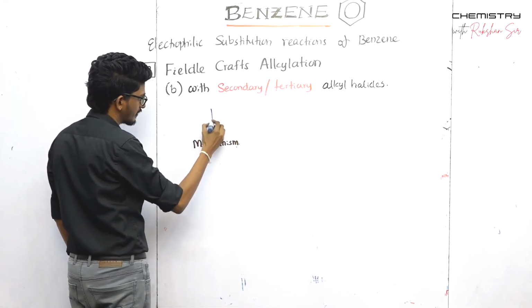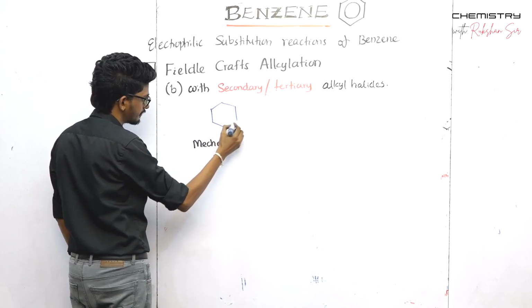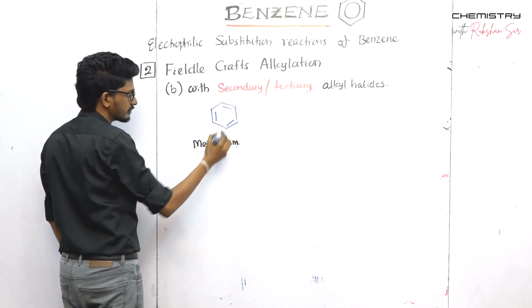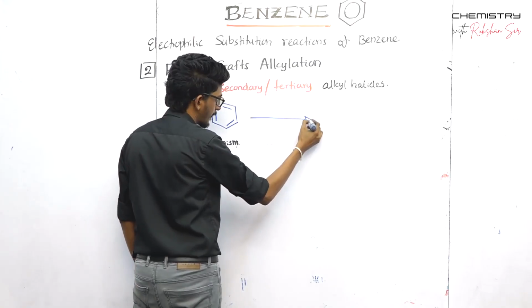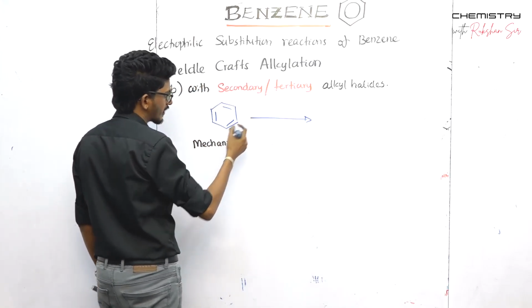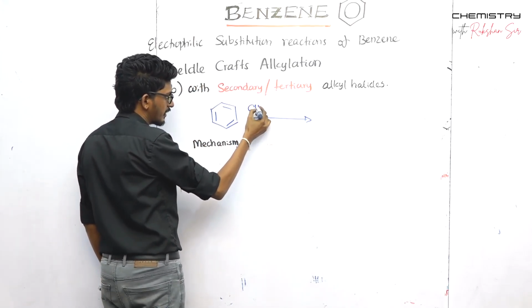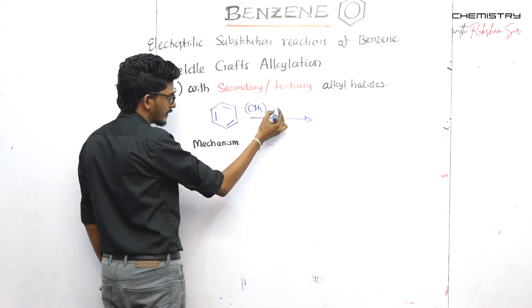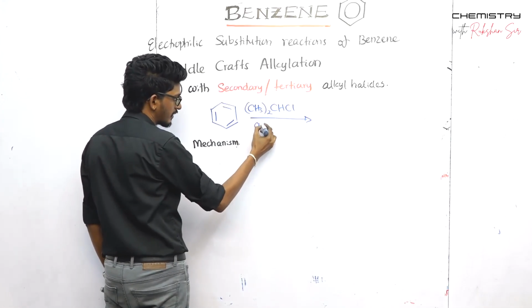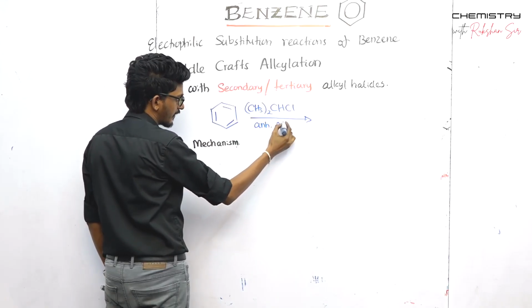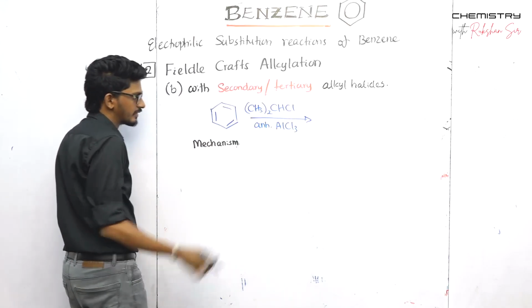So the same benzene appears here, right? So let's try to come up with this kind of stuff. CH3 twice, CHCl with anhydrous AlCl3. This thing is this now.